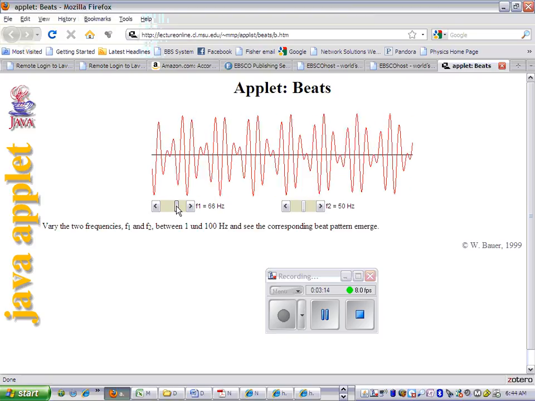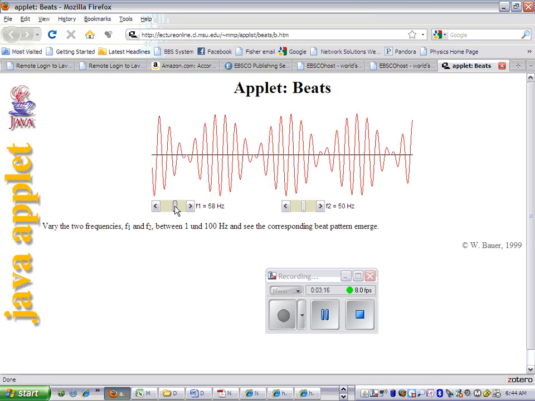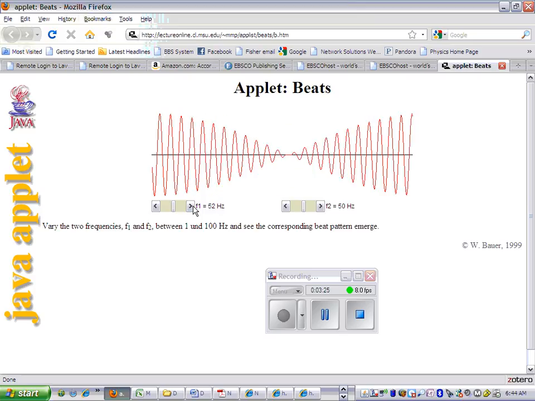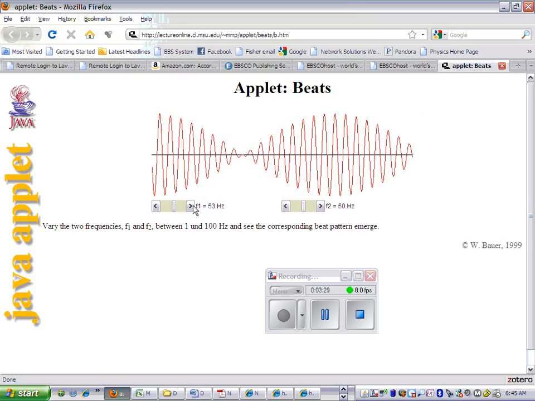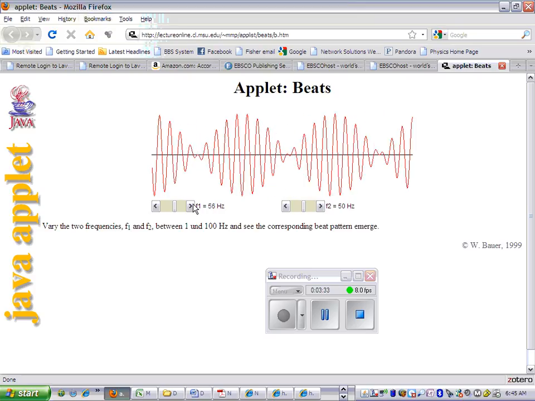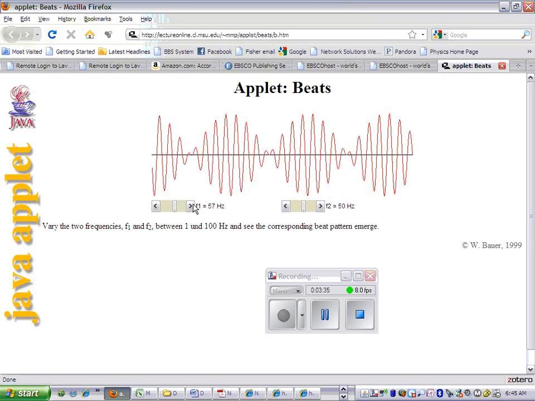And so I can move this to different locations, and you can see the beat frequency. Here it's 51 hertz versus 50 hertz. There's a 1 hertz beat frequency. There's a 2 hertz beat frequency. 3, 4, 5, 6, 7, and so on.